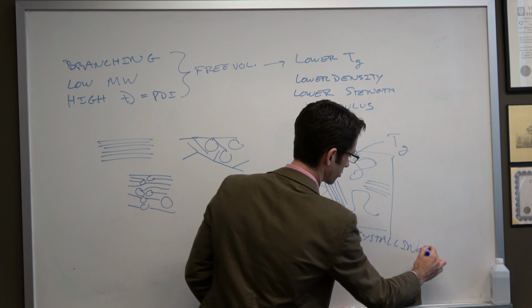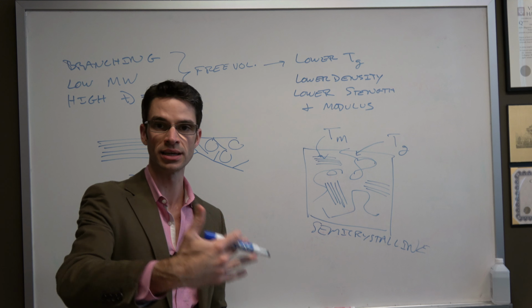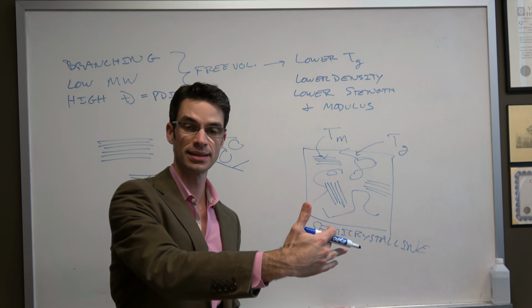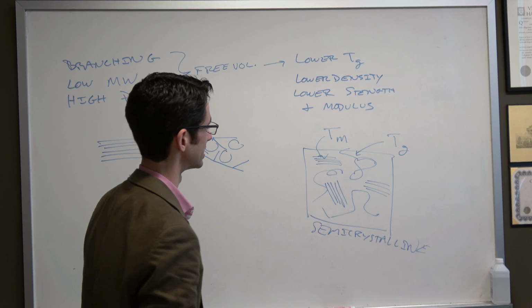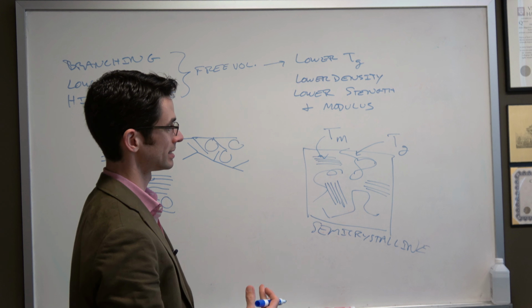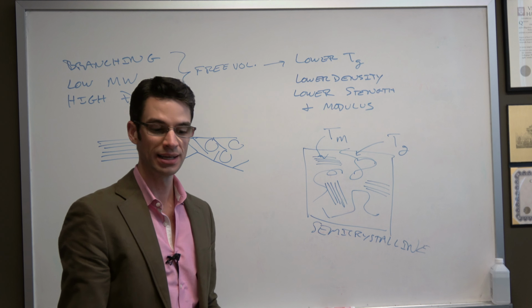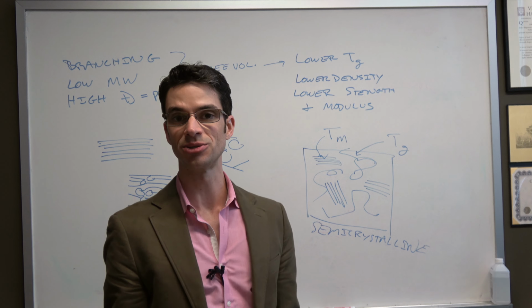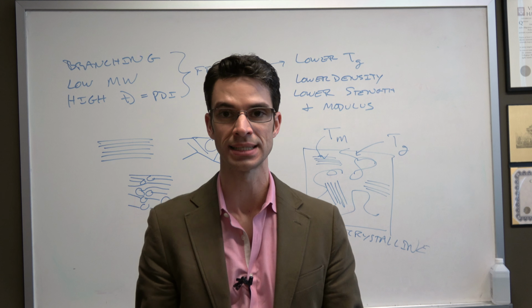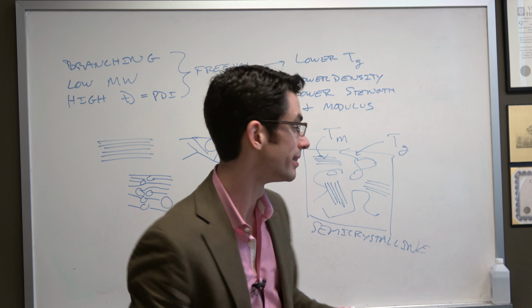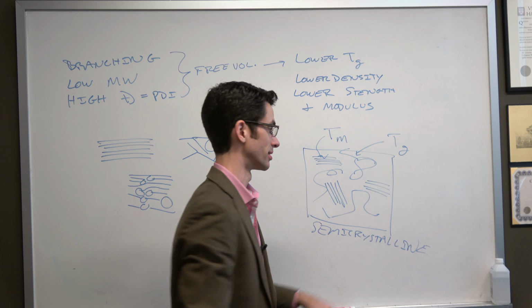In order to have crystallites, you need to have repeating order in the polymer chain. You need to have order in the chain. If your material is totally random, like in atactic polystyrene or in an atactic polyolefin, then you don't get semicrystalline behavior.